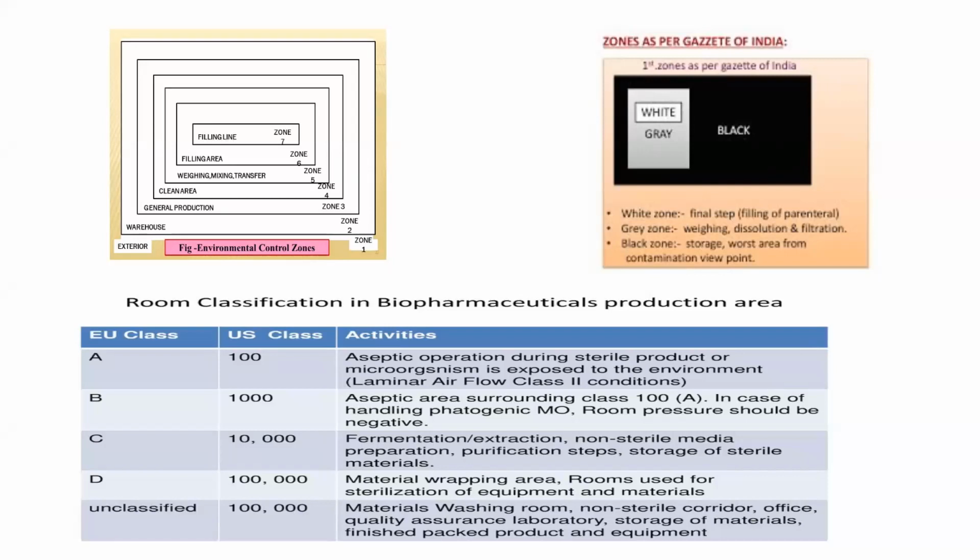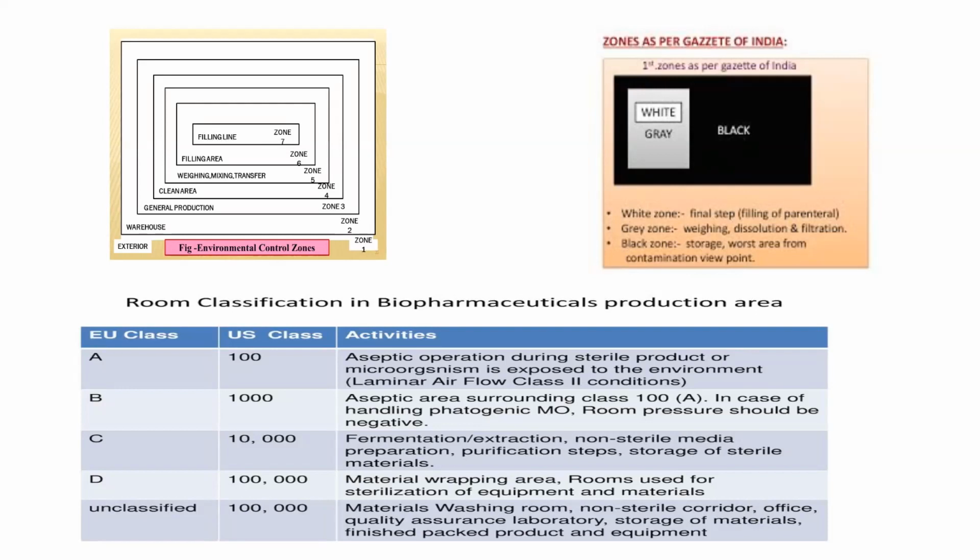So there will be lots of dust particles due to transfers and transit of people and storage of materials. Gray area is equivalent to clean area. Gray area has some quality control over the air, and white area is equivalent to zone 6 and 7, where the product is actually exposed to the environment and it is the most critically controlled environment.